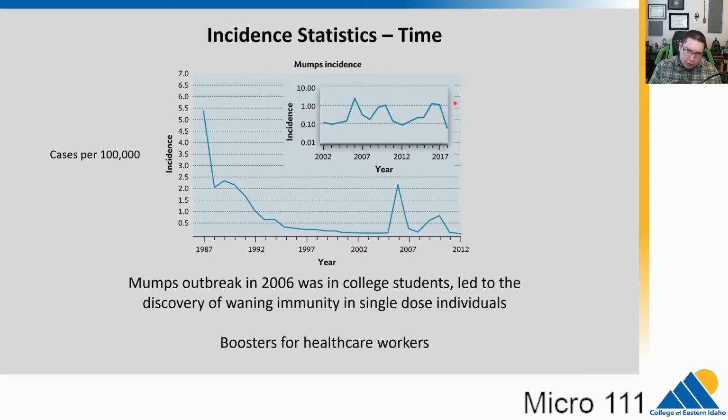Let's look at another disease, mumps. Interestingly, again, vaccination lowered the numbers. Measles, mumps, rubella, all one MMR vaccine. We saw in 2006 an outbreak, but this was in college students.